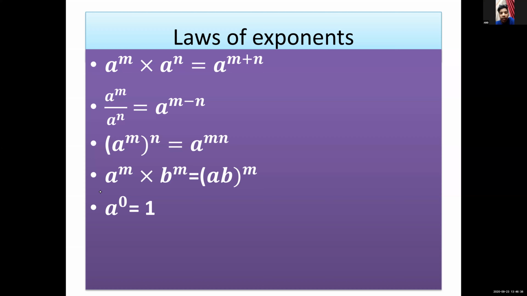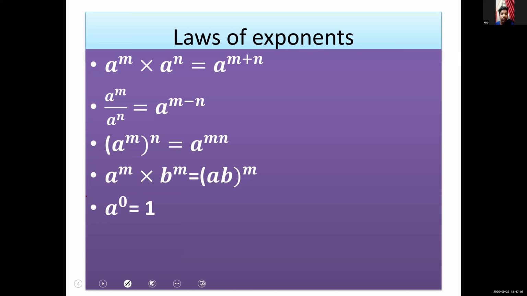A raised to m divided by b raised to m equal to? What was that? A into b whole raised to m. Once again repeat it. I think it is a new law. Who is saying this, Abit or Amras?